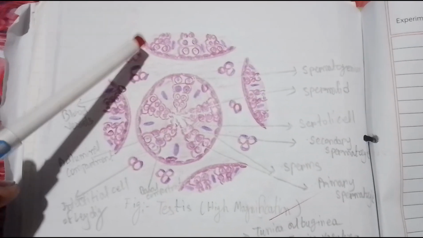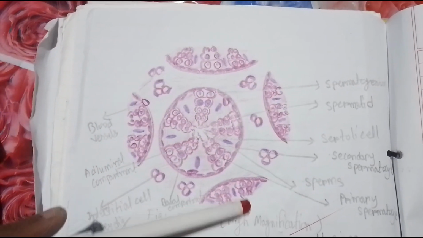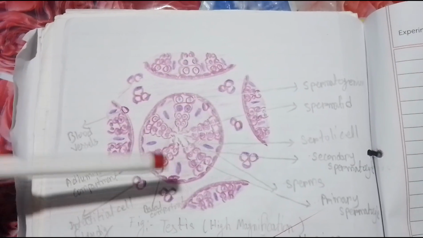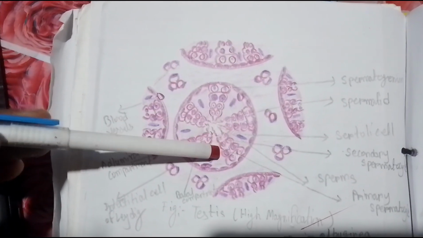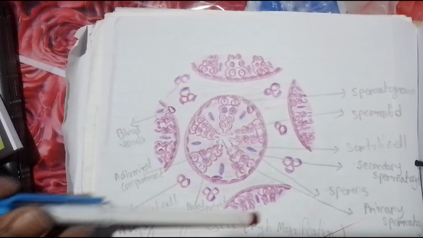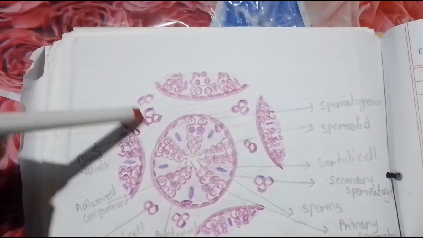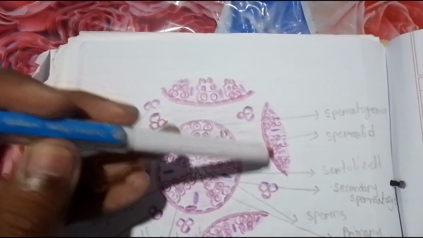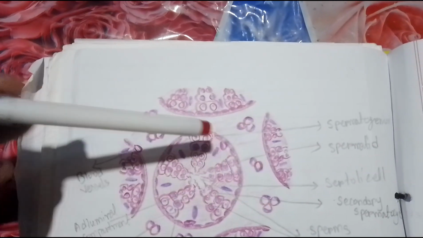Now we look for the histological diagram of the testis. So this is the main histological diagram of the testis. Here you can appreciate each and every cell of the testis. This is the whole thing. This is the compartment, seminiferous tubule compartment here, and these are the Leydig cells in the interstitium. Here you can appreciate the Sertoli cell.